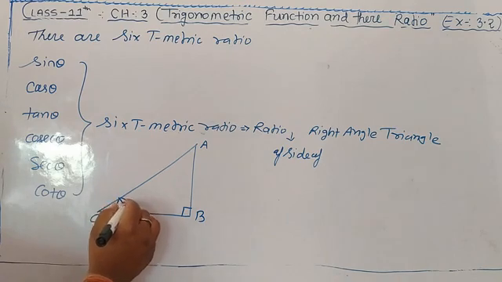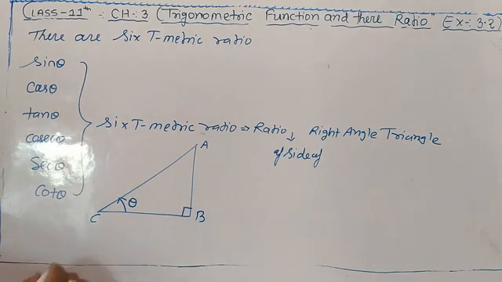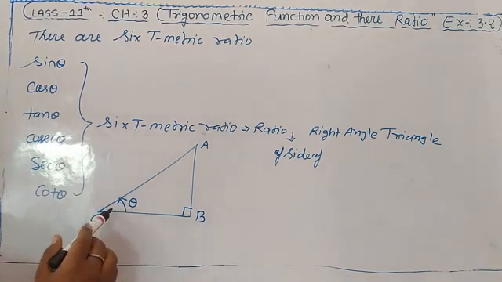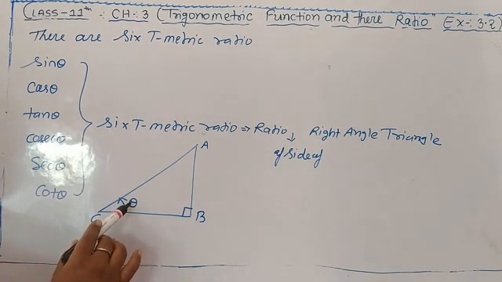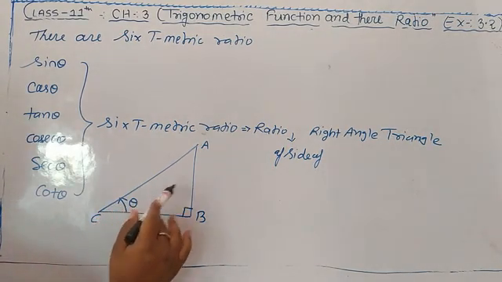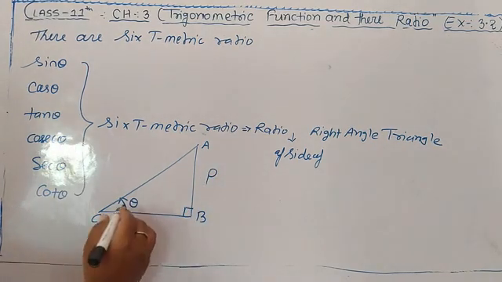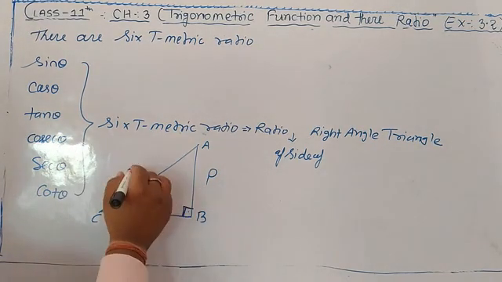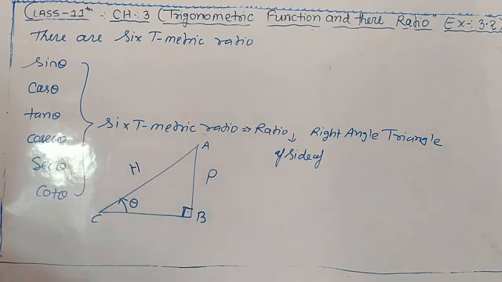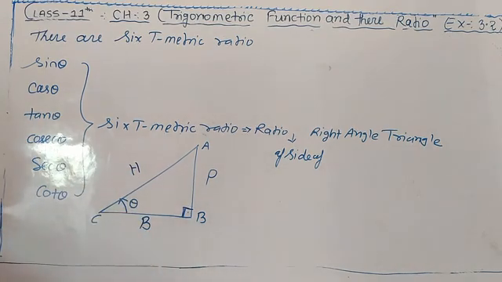This is the angle theta. Very important, student. The side opposite to theta is called perpendicular, the side opposite to the 90 degree angle is called hypotenuse, and the third side is called base.